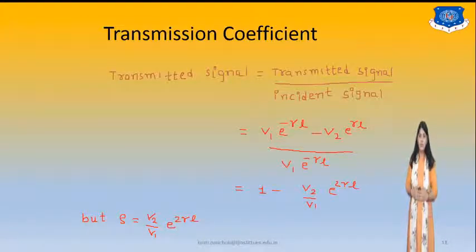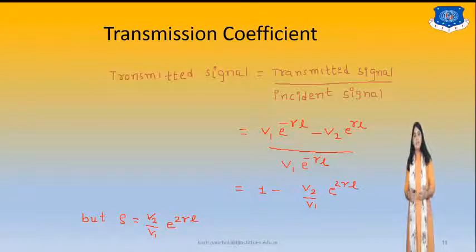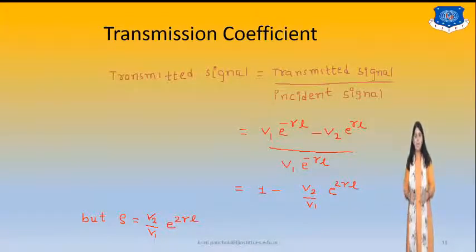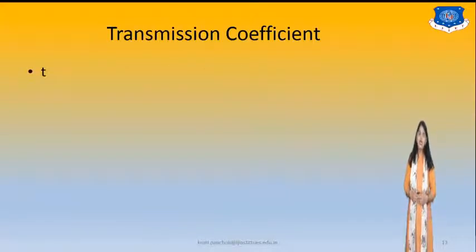We put that value inside the equation: V1 e raised to minus gamma L minus V2 e raised to gamma L, upon V1 e raised to minus gamma L. The V1 e raised to minus gamma L terms cancel, so it is 1 minus V2 upon V1 e raised to gamma L plus gamma L, which is 2 gamma L. But rho is equal to V2 upon V1 e raised to 2 gamma L.